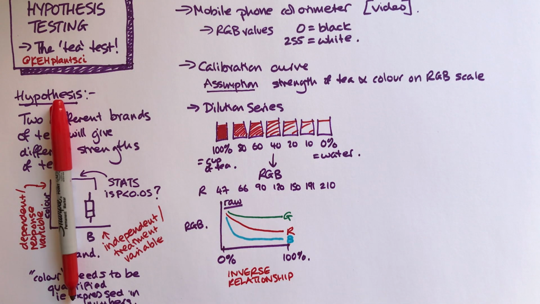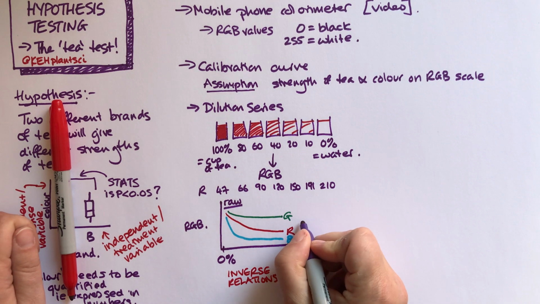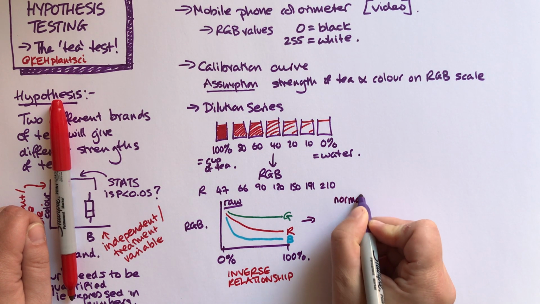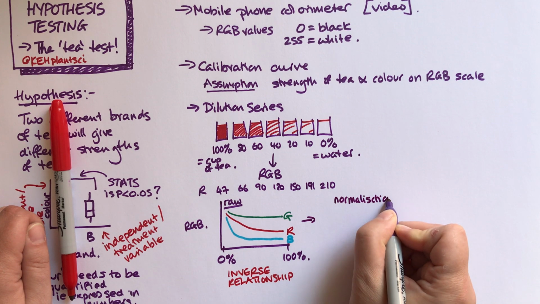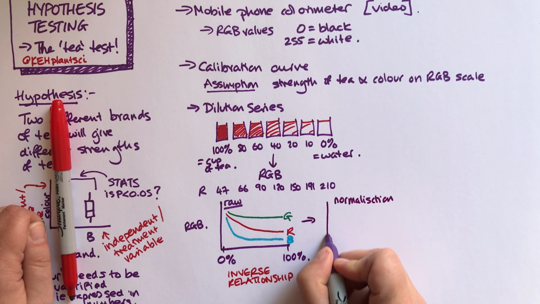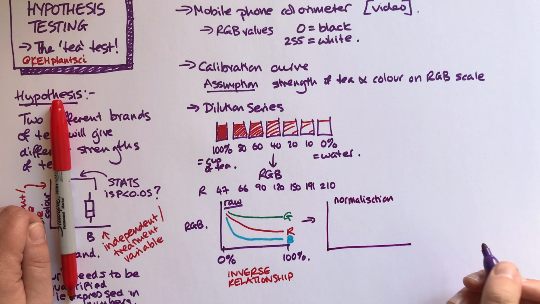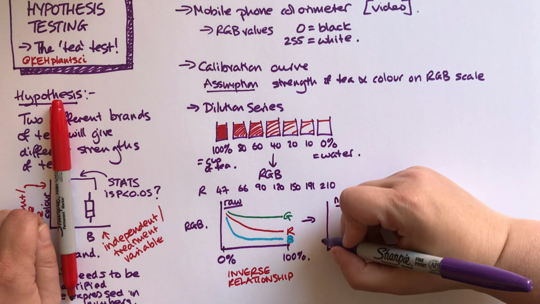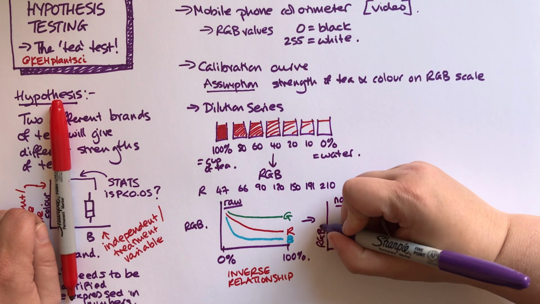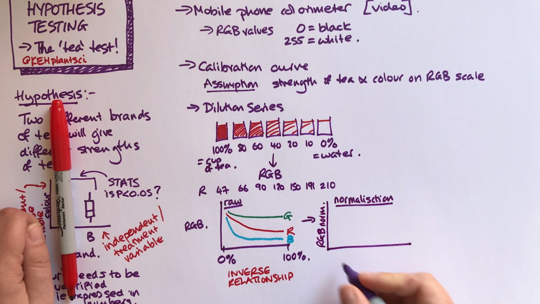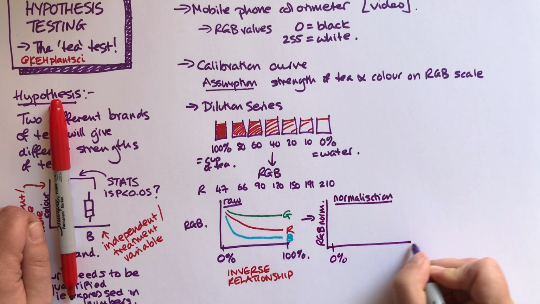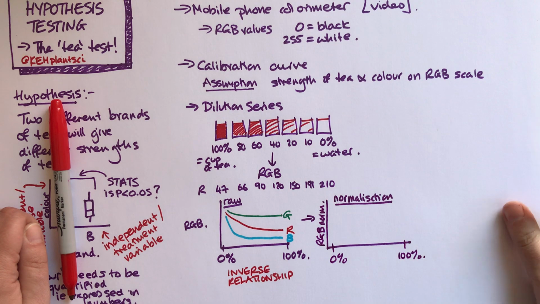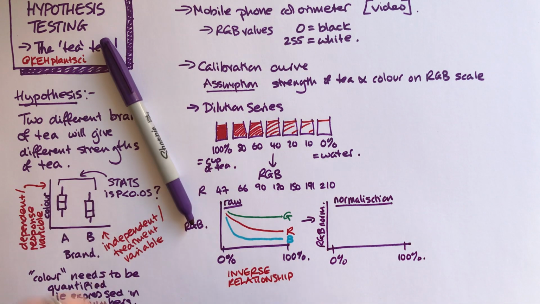So what we would usually do in this situation is to do what we call normalisation of your data. Okay. So the principle of normalisation is a little bit of maths. It's relatively simple maths. So if I now make this RGB norm, again we've got 0% to 100%. If we do a little bit of maths, then we can flip that graph the other way up.